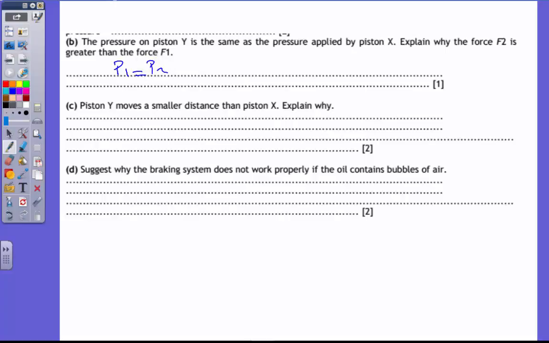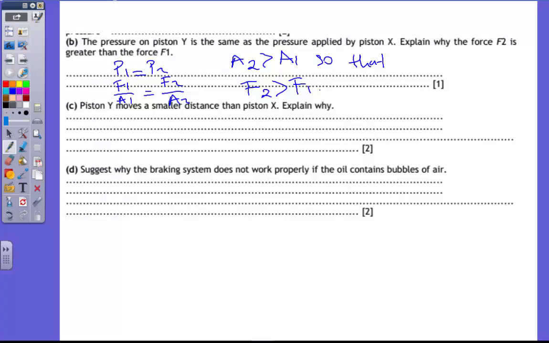The pressure on piston 1 is F1 over area 1, and the pressure on piston 2 is F2 over area 2. When we look at the areas, A2 is greater than A1, so F2 must be greater than F1, otherwise they cannot be equal.